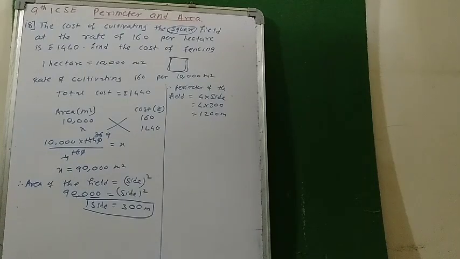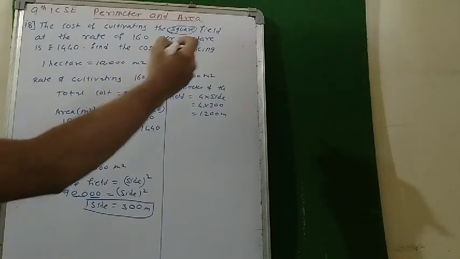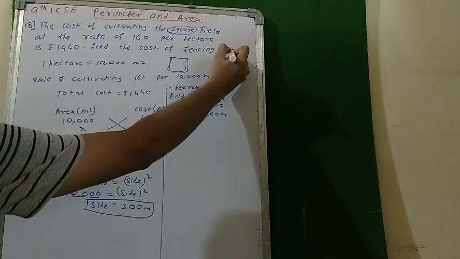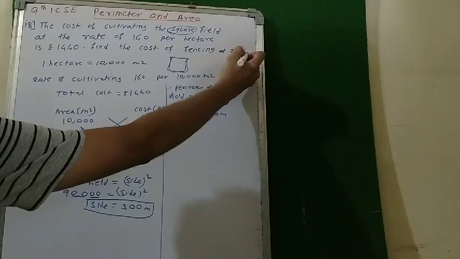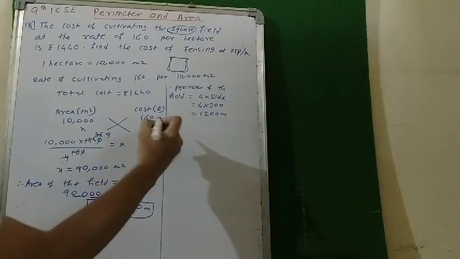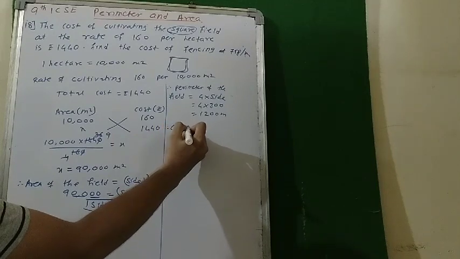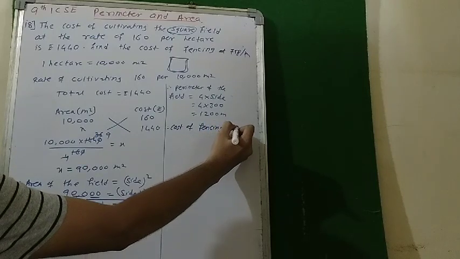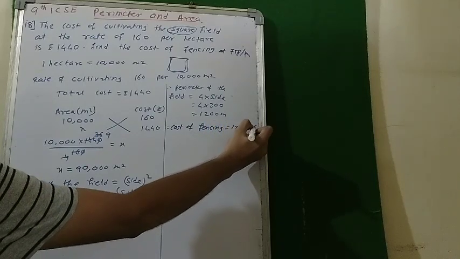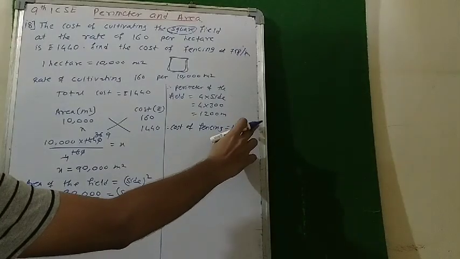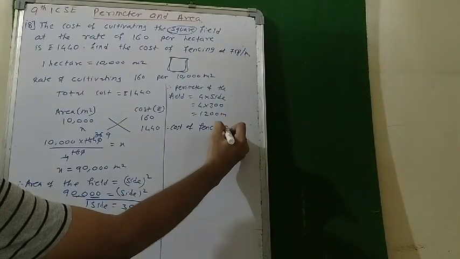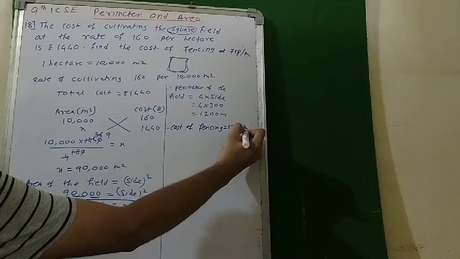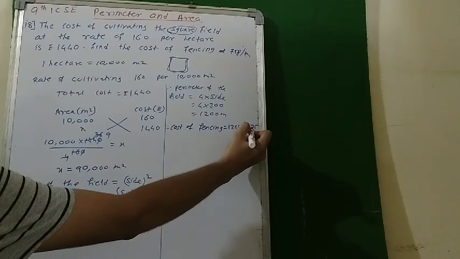Now what is the rate of the fencing given? Let me read the question. 75 paisa per meter. So we have 1200 meters. Therefore, cost of fencing will be 1200 multiplied by 75 paise, so I write 1200 multiplied by 0.75.